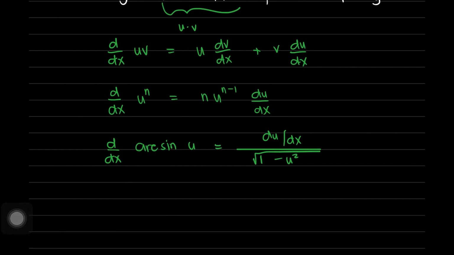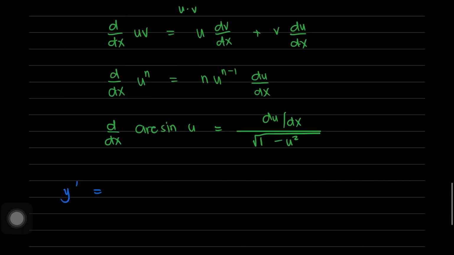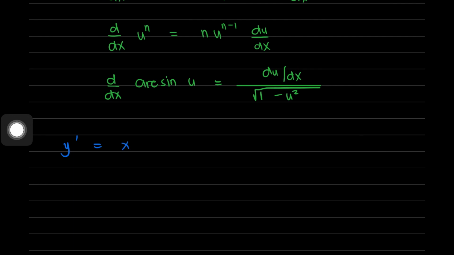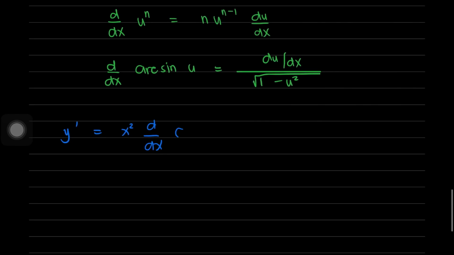So if we're going to solve for y prime now, since the given function is in the form of u times v, we're going to use this formula first. So that would be equal to x squared multiplied with the derivative with respect to x of arcsine of x, plus arcsine of x multiplied with the derivative with respect to x of x squared.